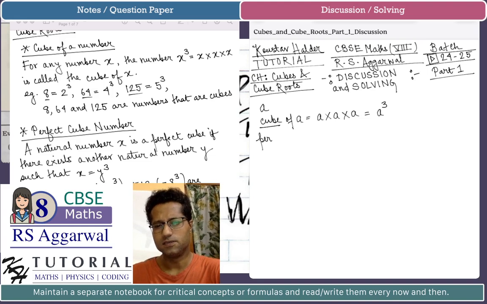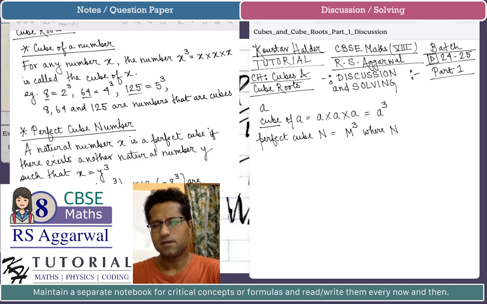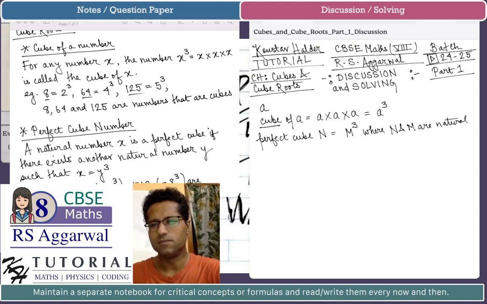A perfect cube has to be a natural number. A perfect cube n is a natural number n such that there exists another natural number, let's say m, so that we have the cube of m equal to n. That is, n is equal to m cubed, where n and m are natural numbers.